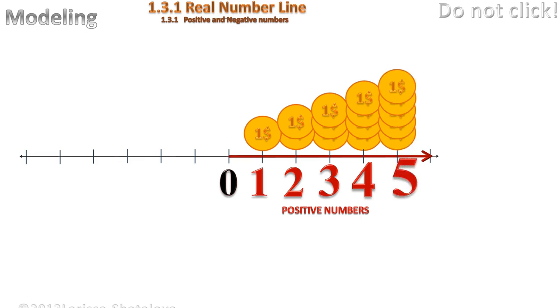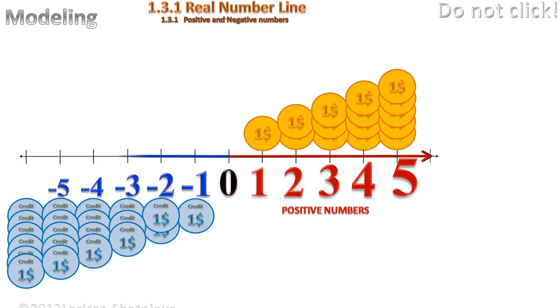In real life, we have money, but sometimes we have debt, we have credit. So now, for debt and credit, we will use negative numbers. We don't like them, but nothing we can do, we have to use them. So negative 1 represents, for instance, credit of $1, negative 2, credit of $2, and so on.